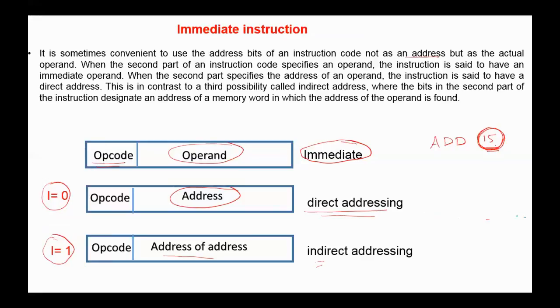In this case, the instruction format is as follows. We have the I bit, the operation code, and the address of the operand. If I is 0, we have direct addressing mode, and if I is 1, the addressing mode is indirect.